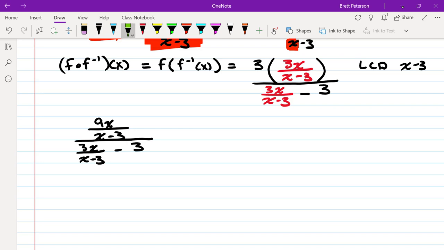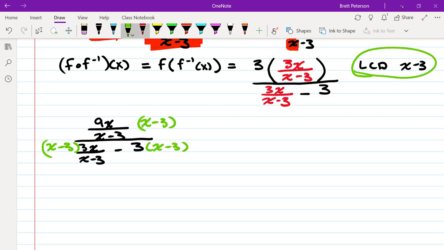So remember, to simplify a compound fraction, we multiply the numerator of each fraction by x minus 3. So I'm going to multiply this by x minus 3, this by x minus 3, and this by x minus 3. Because I'm multiplying the top and the bottom of the entire fraction by the same thing.